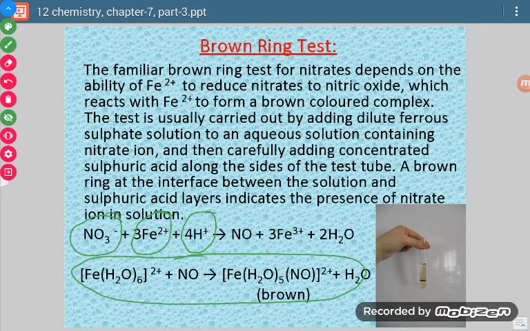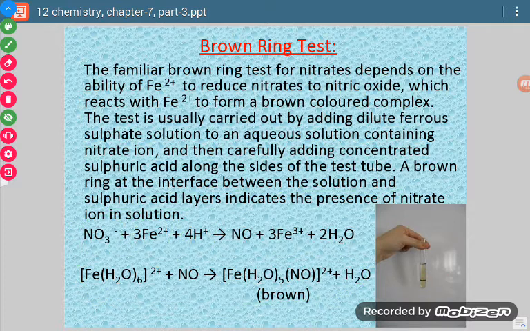We will drop sulfuric acid along the side of the test tube, and then at the interface between the solution and sulfuric acid, see here, this was the solution down below, and the solution came up till here, and then we added sulfuric acid on that.